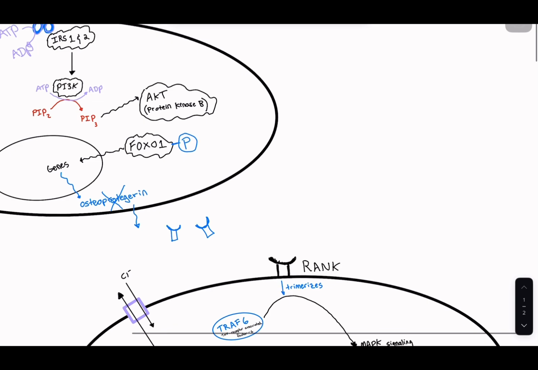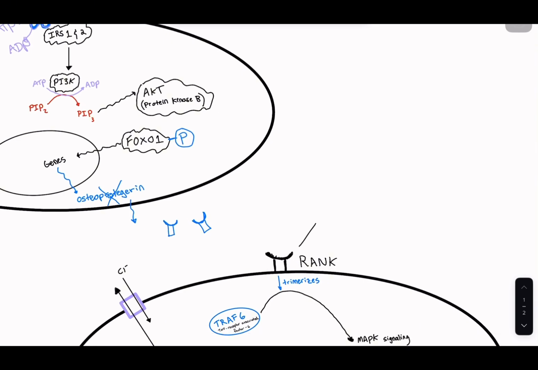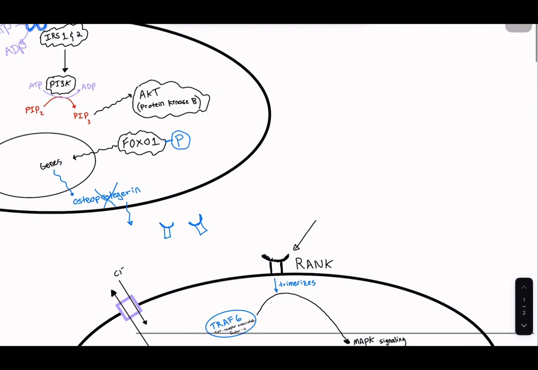What it does is it mimics this receptor right here, the rank receptor. The rank receptor is sensitive to a molecule called rank ligand, which is produced by the osteoblast and osteocytes in response to both hormonal environments and mechanical stress.